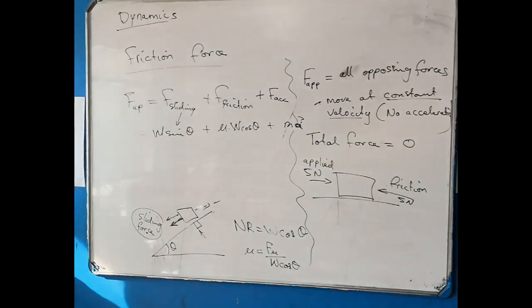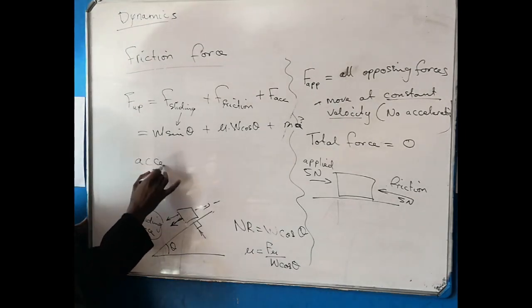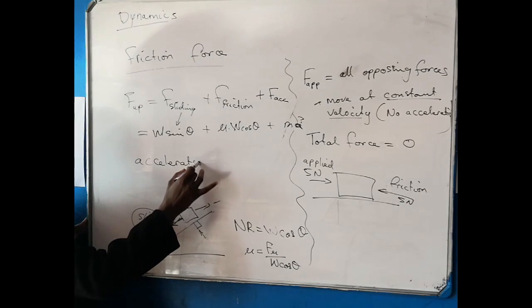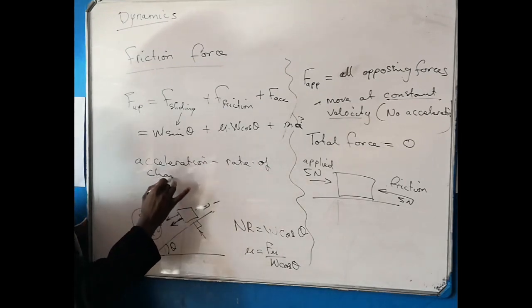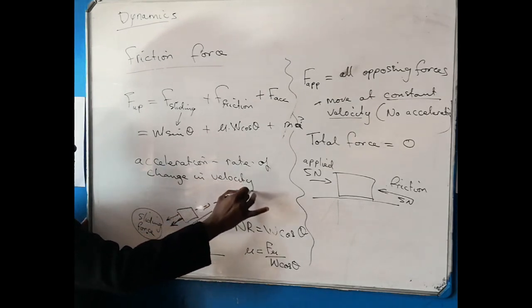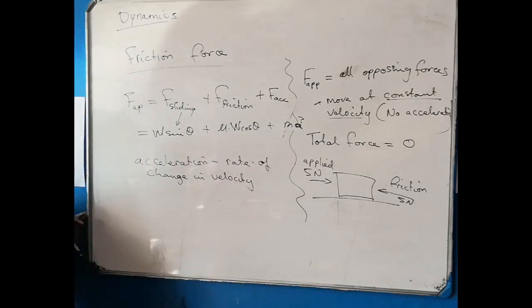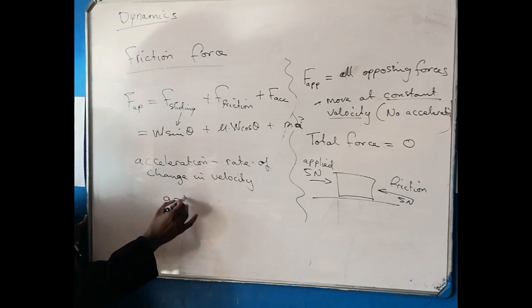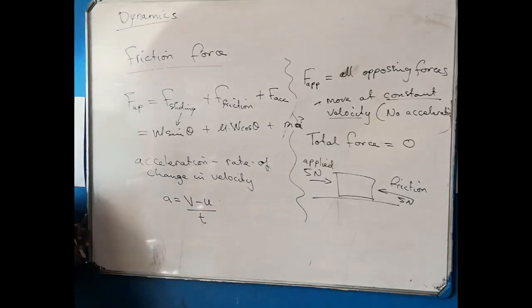Acceleration is the rate of change. There has to be change in velocity. Acceleration is the rate of change in velocity, which means there has to be a final velocity minus initial velocity over time. We'll be looking at this for almost all our studies.